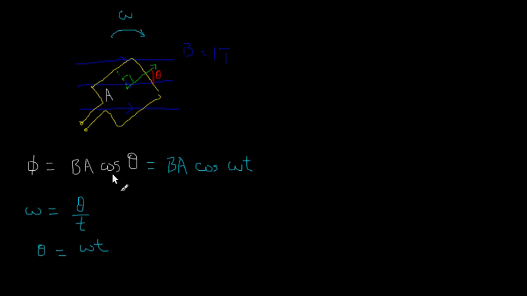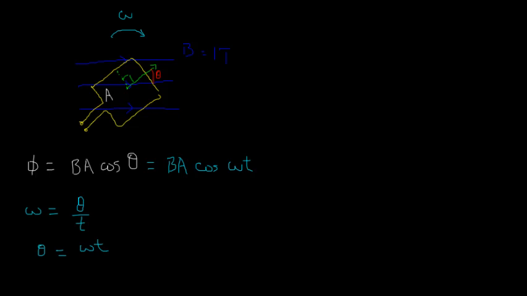And if you look at this, you see that it is a cosine function, cosine of a number times t. Now the omega here is the angular velocity. We can assume that it's a fixed velocity. If I think about sketching a graph of this, it would just be a cosine graph.